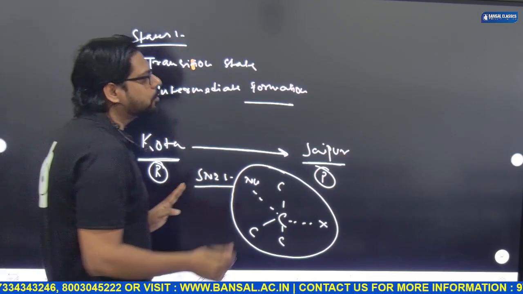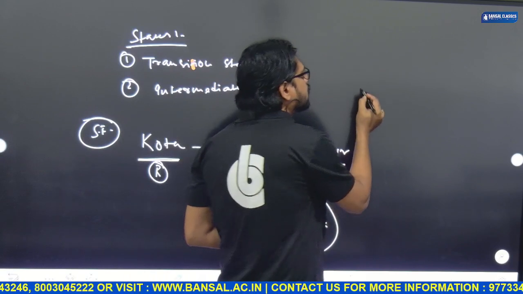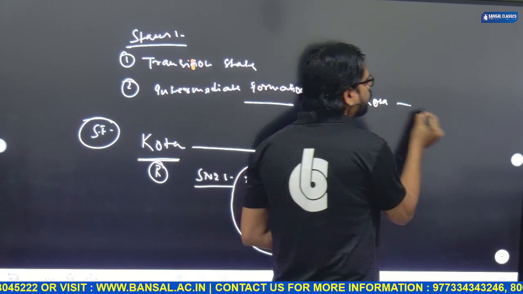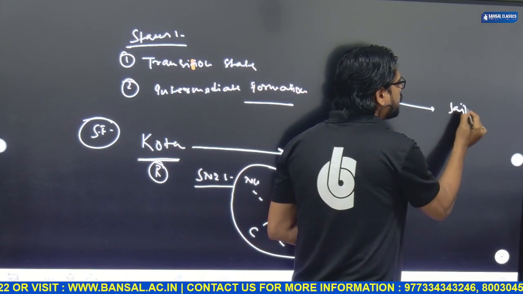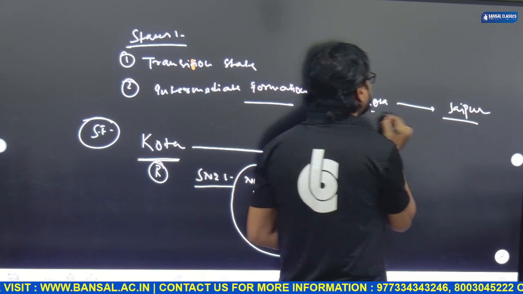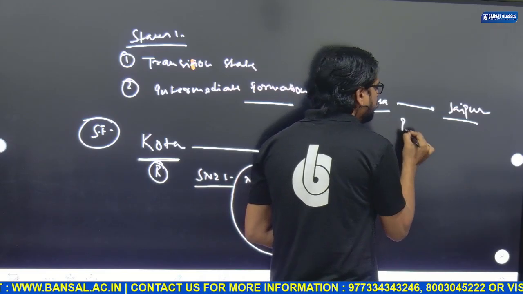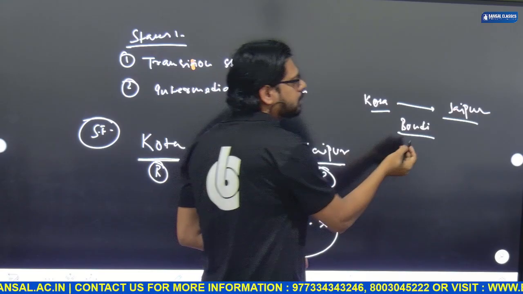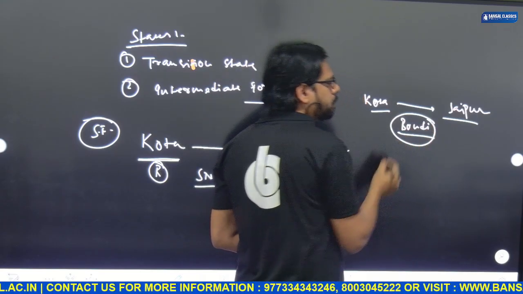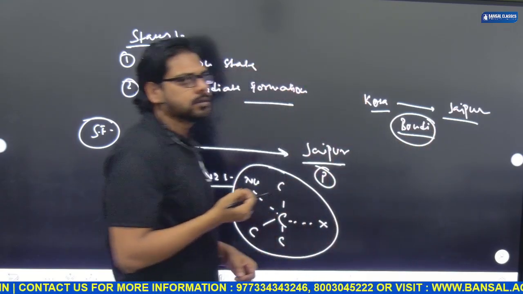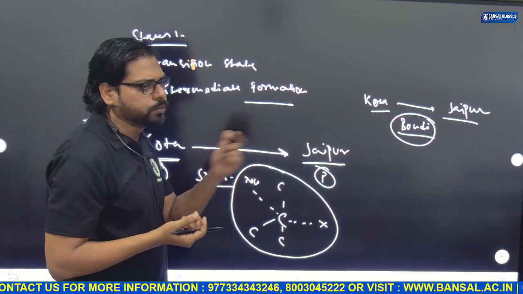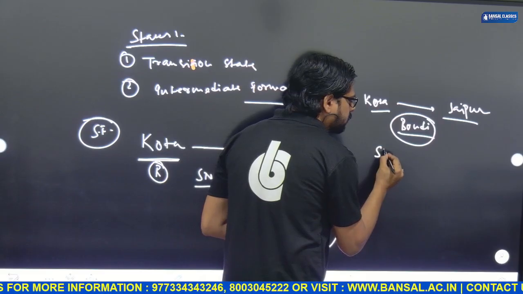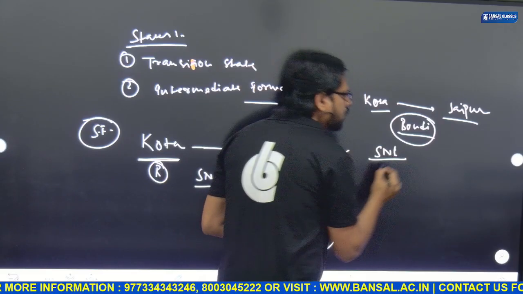Now intermediate formation, what do you mean by intermediate? Let's take another example in which a train is going from Kota to Jaipur and it stops at, let's say, Bundi. The train will stop at Bundi for quite some time, let's say 2 minutes. So we can relate it with the SN1 mechanism.